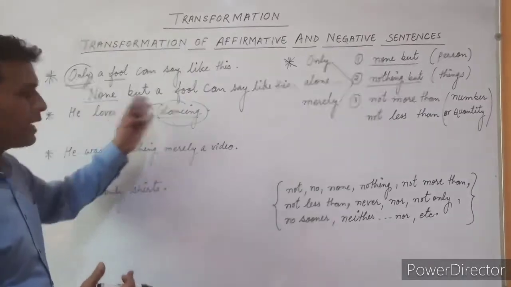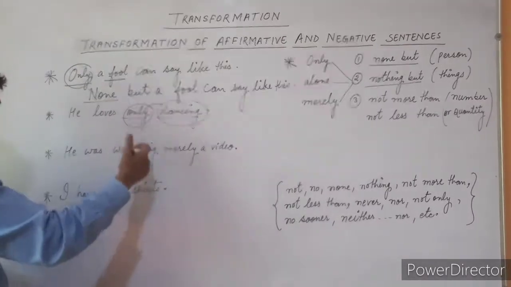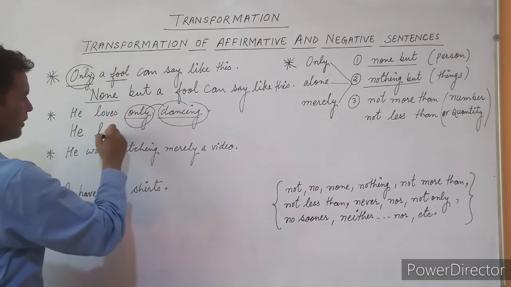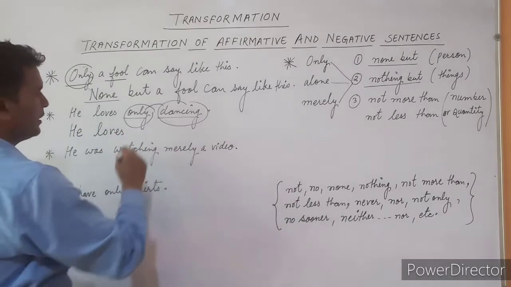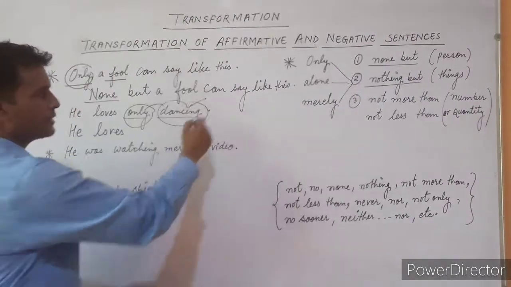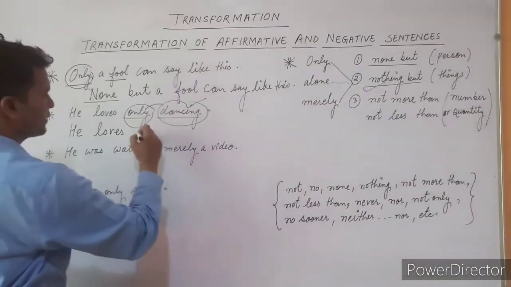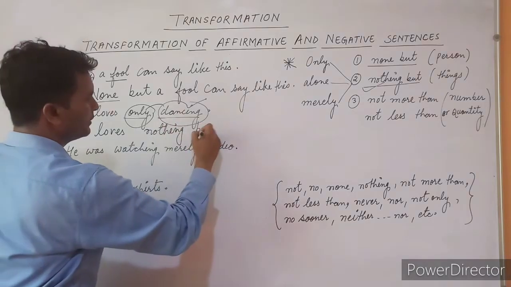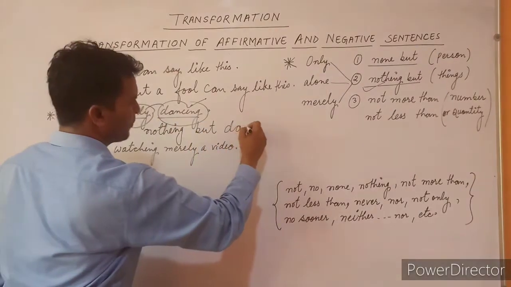It can be used at the end of a sentence also. So you can change it like this: he loves only dancing. Dancing is a thing, so for a thing we use nothing but. He loves nothing but dancing.